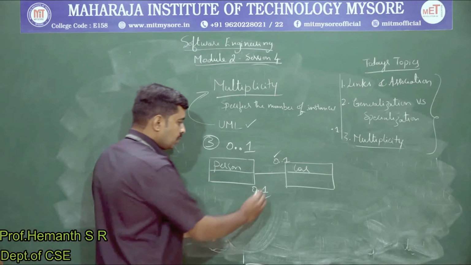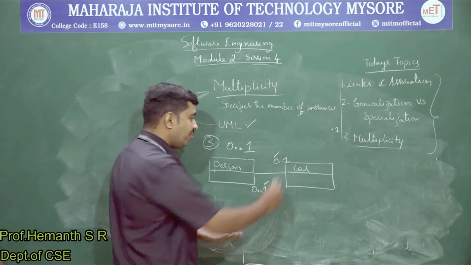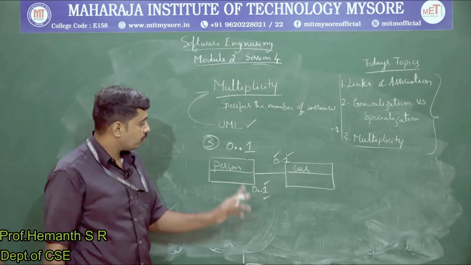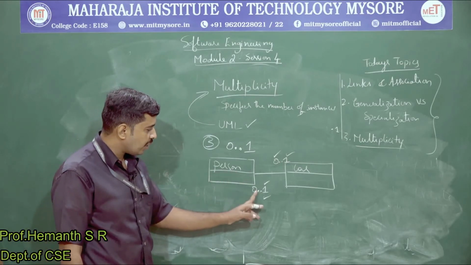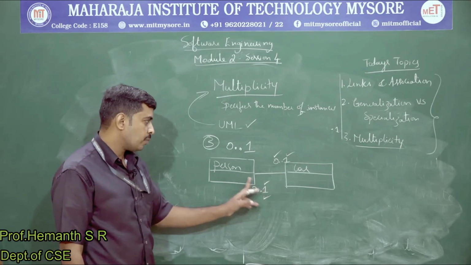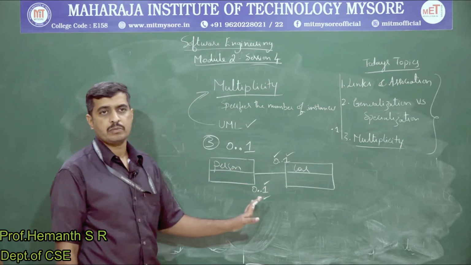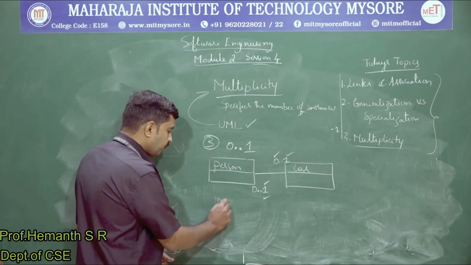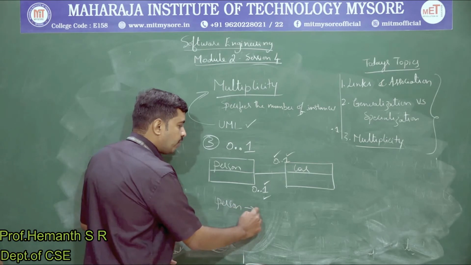So can a person have one car? Yes, definitely. That is also accepted in this design because with person you have 0 or 1. So one single person having one single car is accepted. Now what if a person is willing to have 2 cars?